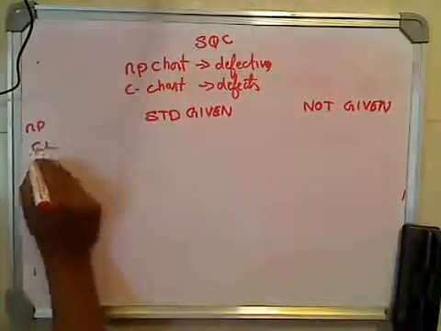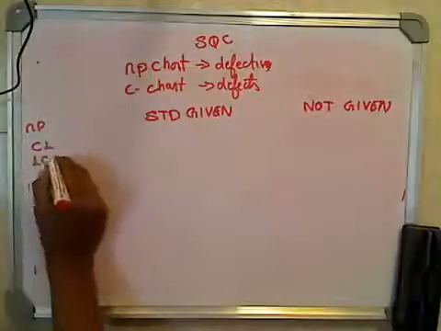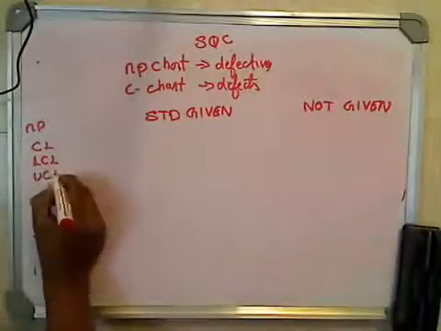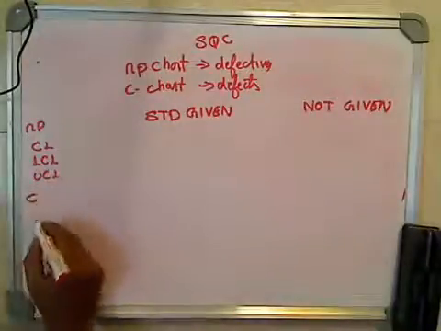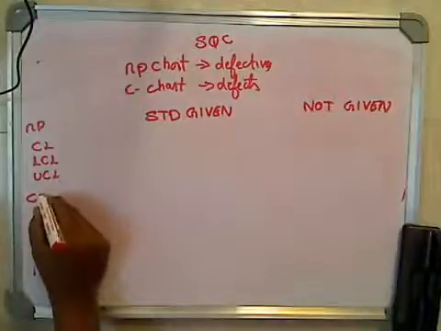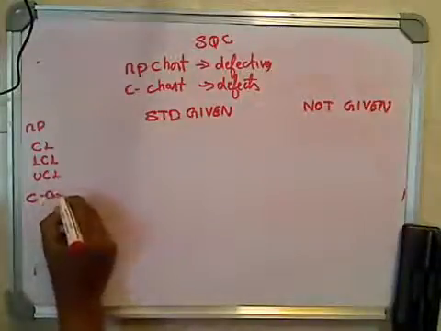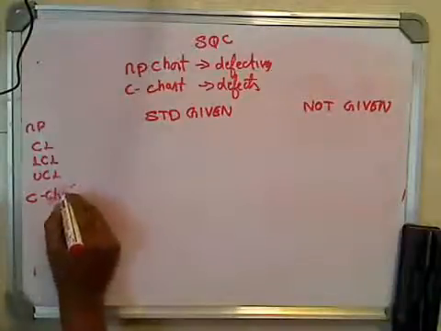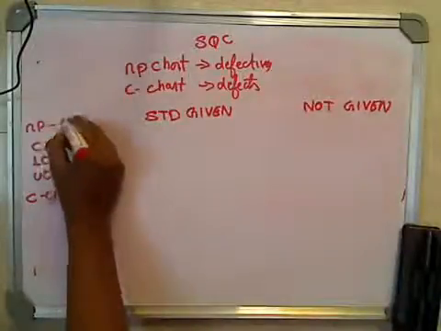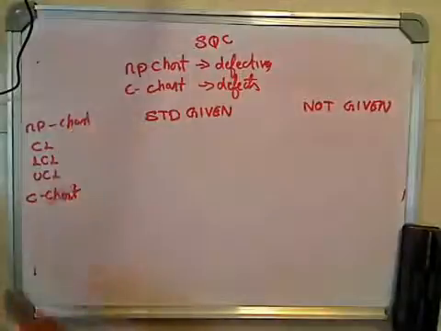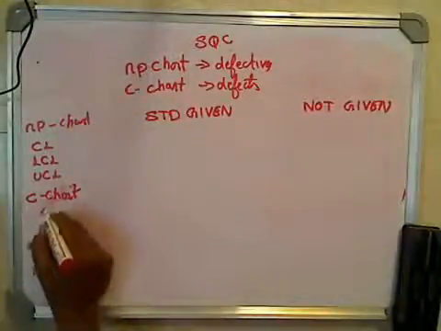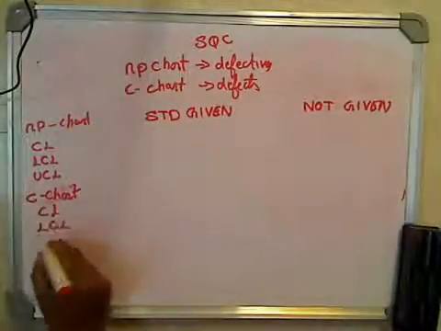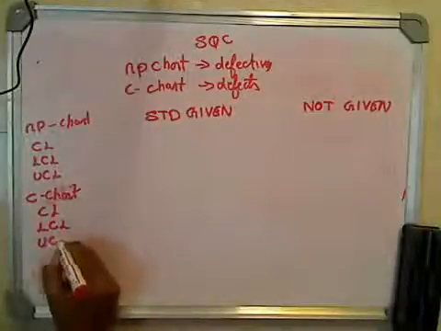Here CL, the lower control limit and the upper control limit. The second set would be for the C chart. Okay, C chart. And P chart. Now here as well, CL, lower control limit and upper control limit.